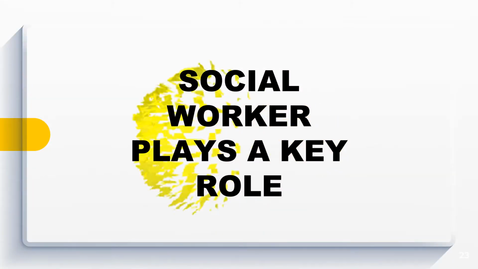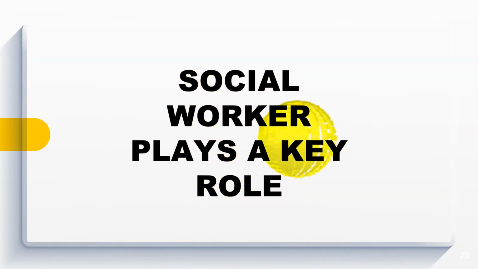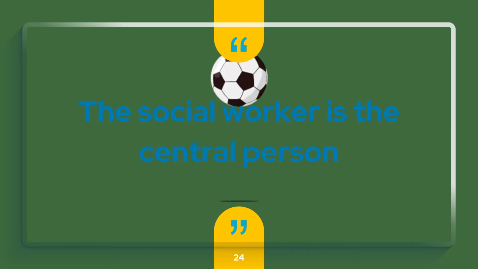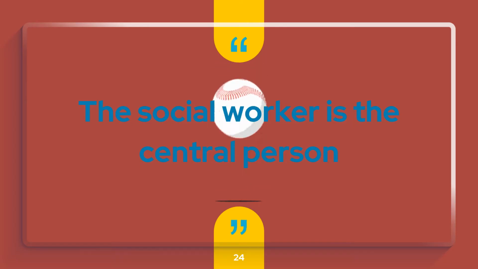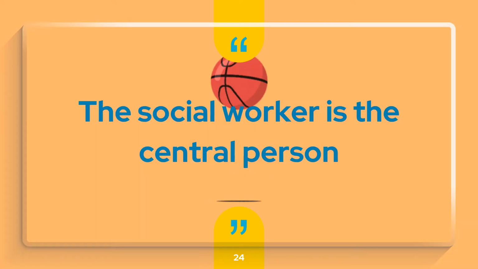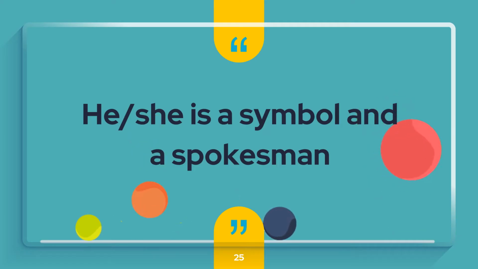The social worker plays a key role as he or she gives expertise knowledge through the following activities. Number 1, the social worker is the central person. The worker is the object of identification and drives. Number 2, he or she is a symbol and a spokesman.